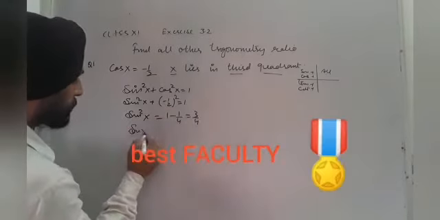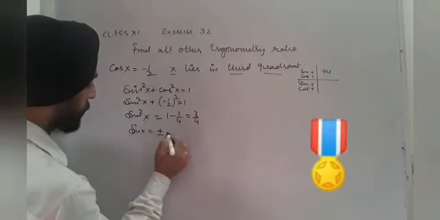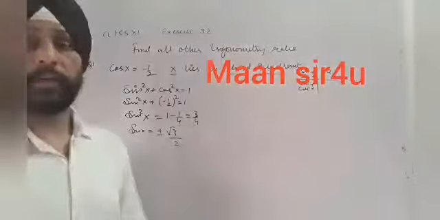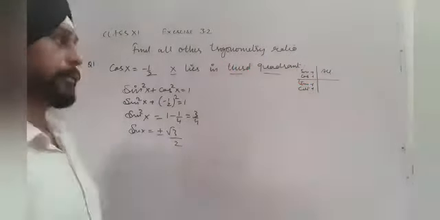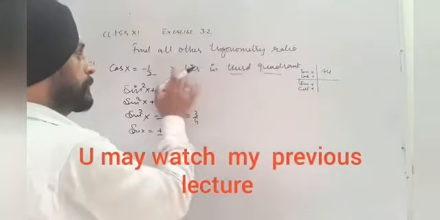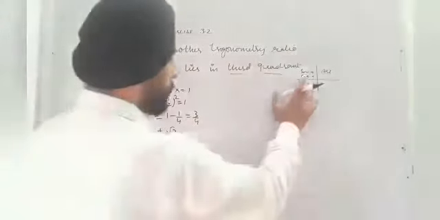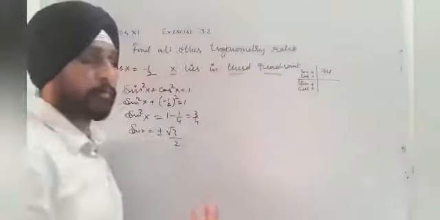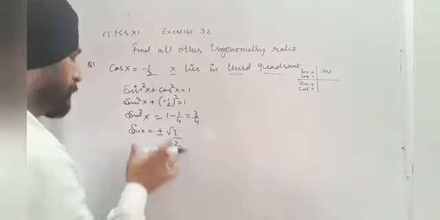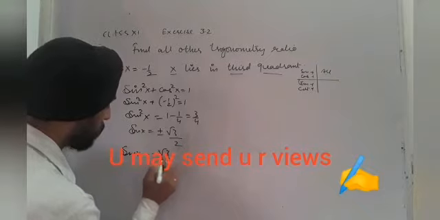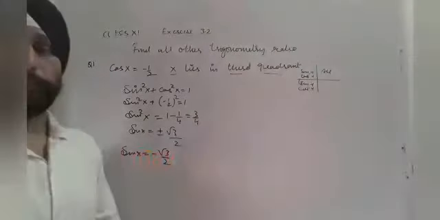The final answer, after taking the square root of both sides, is sin x is equal to plus or minus root 3 by 2. But now theta belongs to the third quadrant, student, so in the third quadrant tan and cot are positive, and all other trigonometric ratios will be negative. So we will choose sin x is equal to minus root 3 by 2.